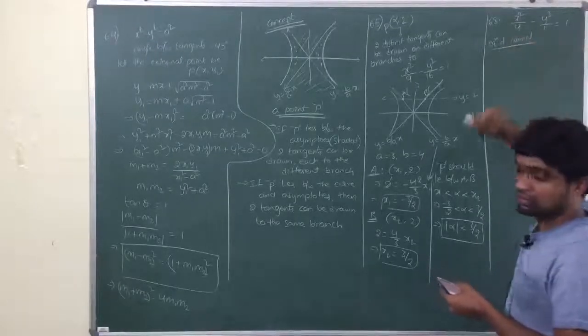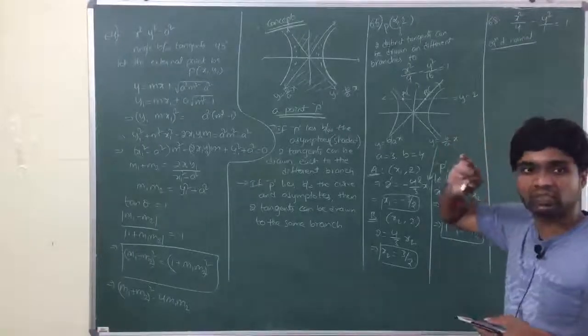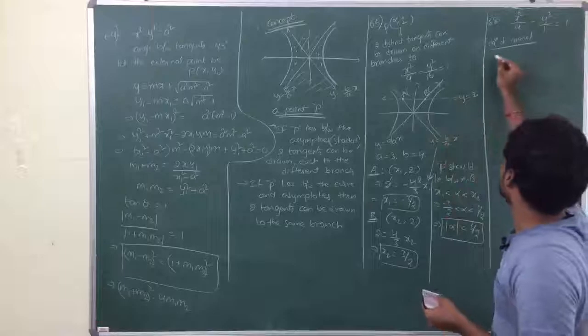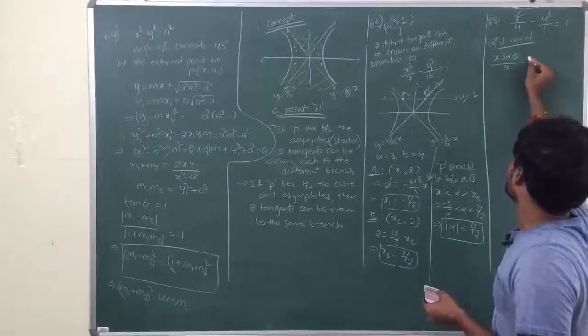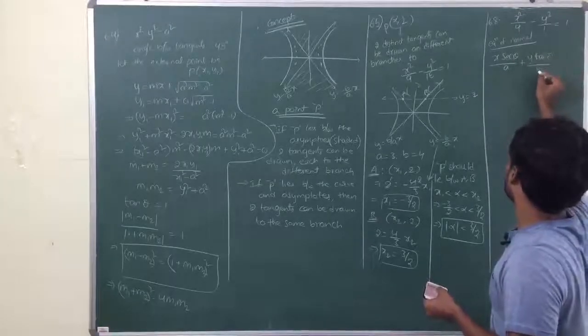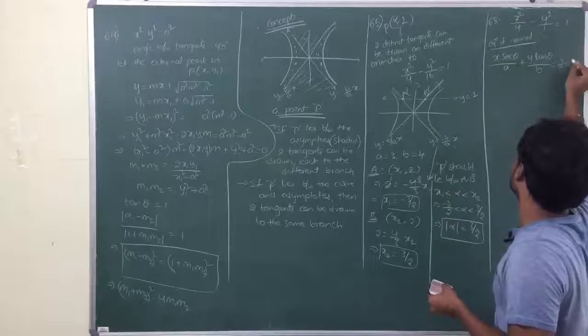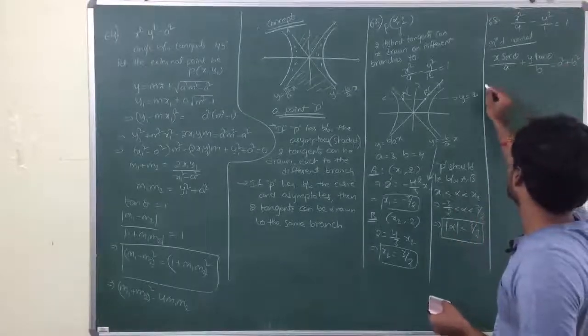with single variable. Try to write the equation in single variable. So in single variable means we have to write the parametric equation. So x secant theta by a plus y tan theta by b is equal to a square plus b square. This is the equation of normal to the hyperbola.